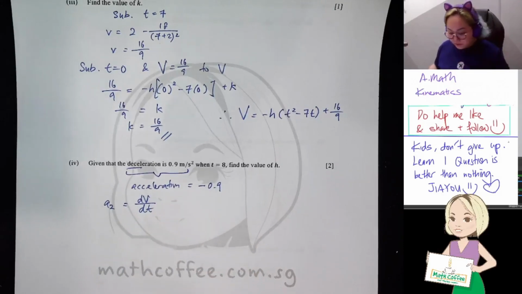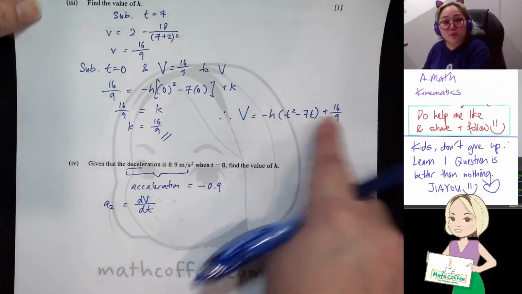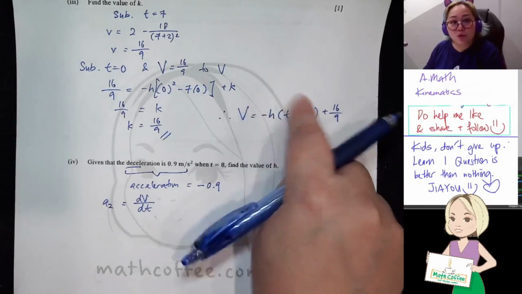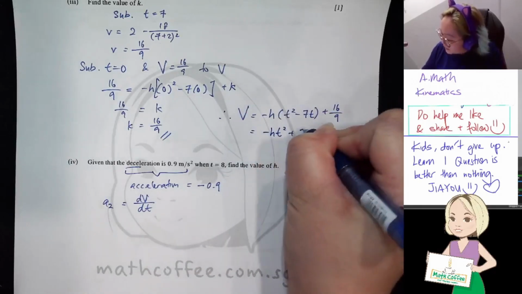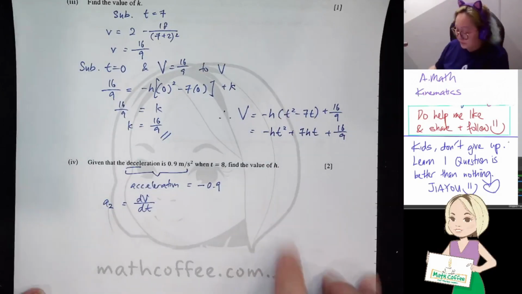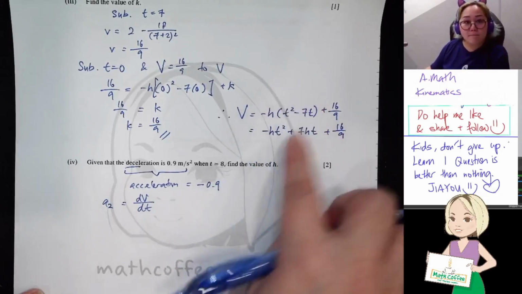This was my v, right? So how to differentiate this? Let me just rainbow this first. So it will be minus ht squared plus 7ht plus 16 over 9. What I did was I just rainbow the minus h.